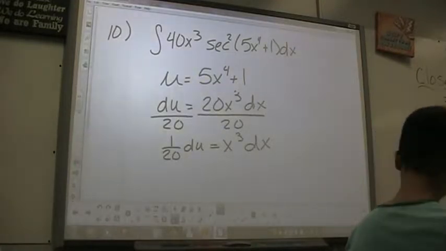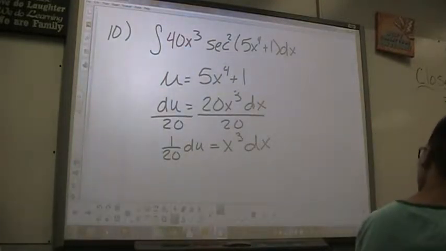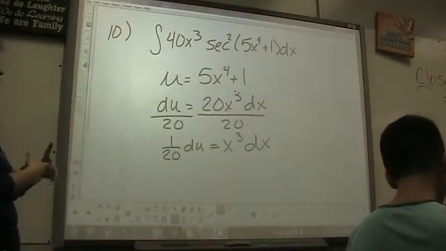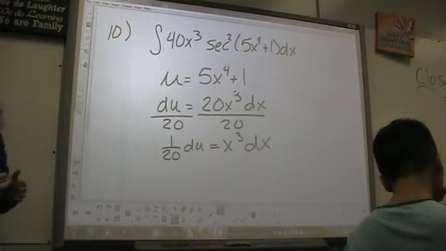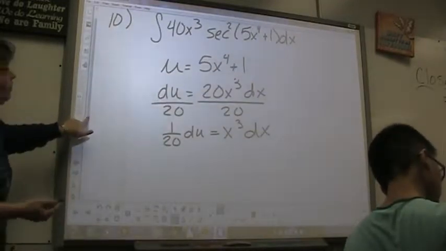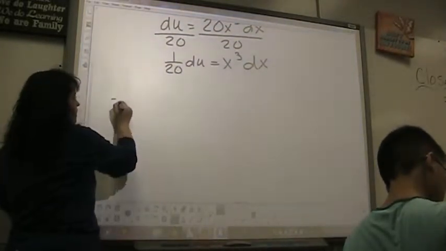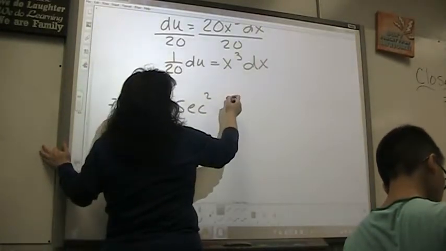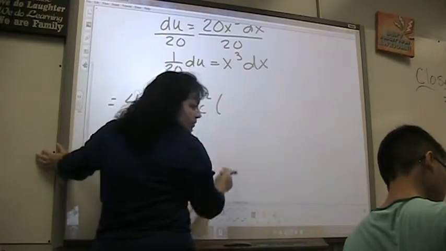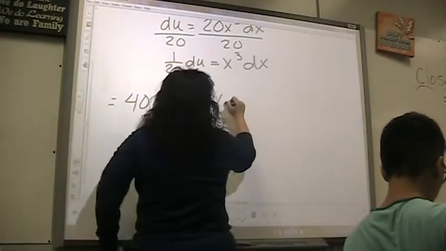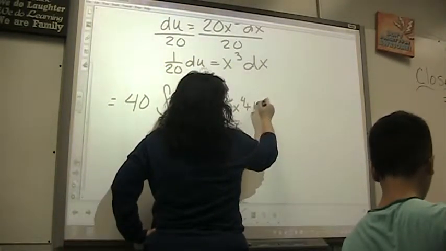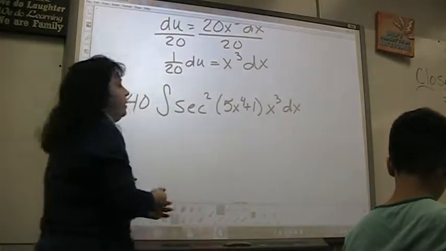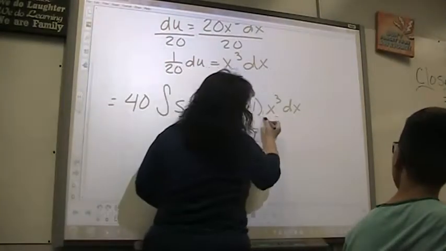So the problem we just handled is going to work exactly the same. I'm going to move the 40 on the outside. I'm just going to rewrite it so it's easier to see my substitution, and where my du is going to go.